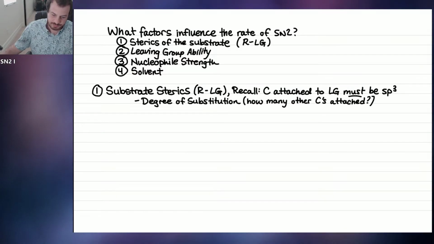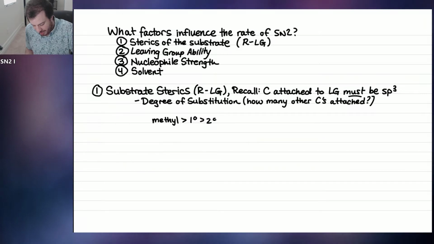Let's take a look. So first, the ranking is going to be that methyl is the fastest, followed by primary, followed by secondary, and tertiary is extremely slow.